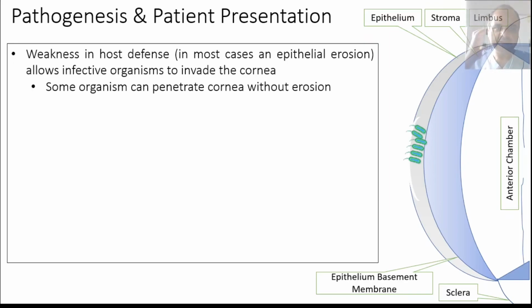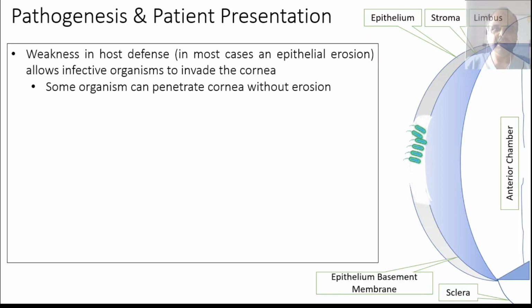So this is the stage where it is insidiously increasing its number so that it can mount a larger attack onto the stroma. And right now, your body's response is sort of muted because of the location of the organism within the epithelial regions.